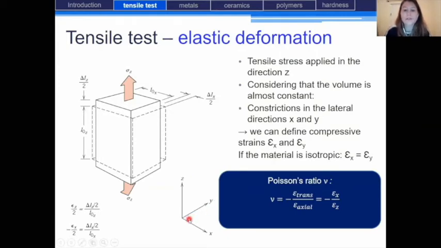And so we will define the Poisson's ratio as minus the compressive strain in the transversal direction divided by the tensile strain in the axial direction, so in the direction in which the load is applied. For example, considering an isotropic material, it will be equal to minus epsilon x divided by epsilon z.